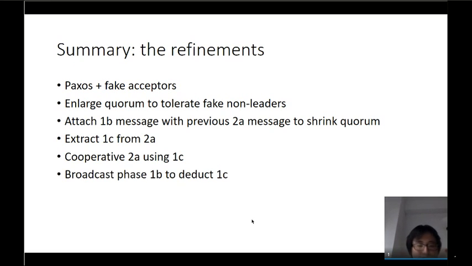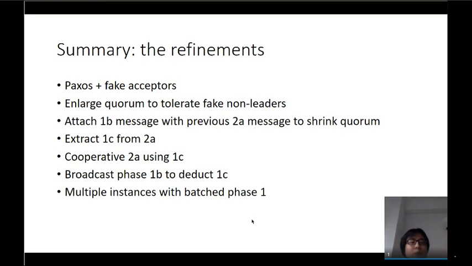And then we broadcast phase 1B to allow every acceptor to deduce phase 1C. Then we prevent the acceptor lying in phase 1C. And then we put the multiple instances together with batched phase, and we come up with the actual protocol that is very similar to PBFT.